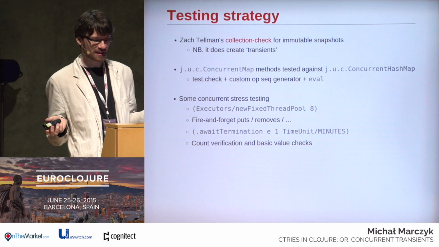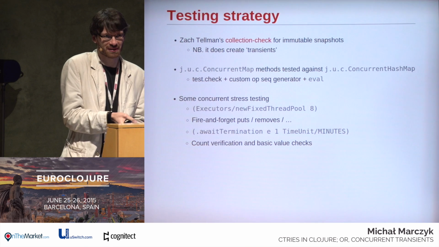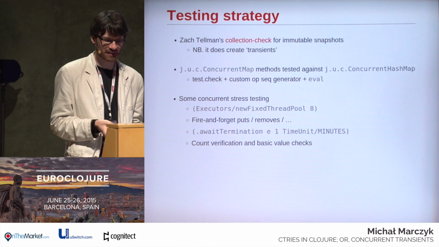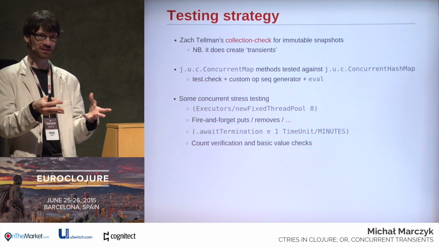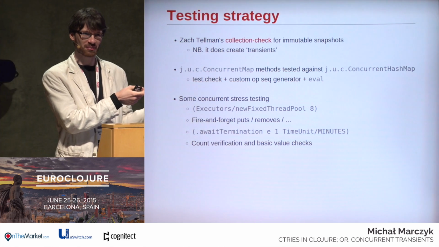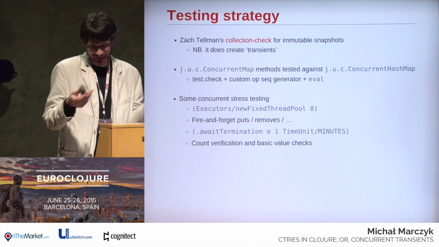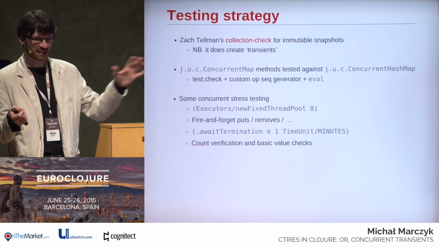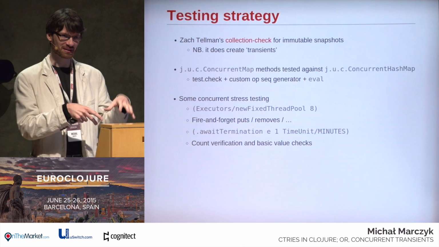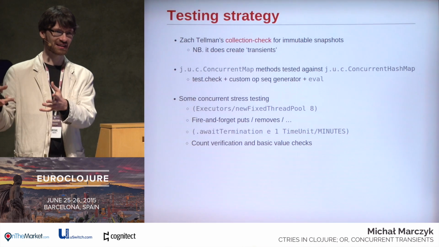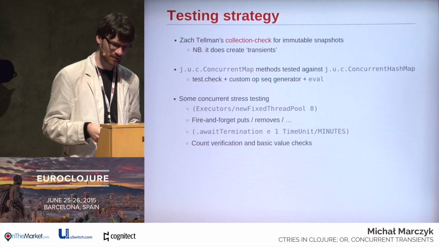Then we have those concurrent map methods. And for those, I use a similar approach, but it's custom built for the ctries.clj test suite. I have a custom generator of operation sequences, and I compile those into Clojure functions and use them in test.check properties, ensuring that the C-tree resulting from the application of that function to an empty initial C-tree looks, in several ways, like a concurrent hash map that the same operations are applied to.